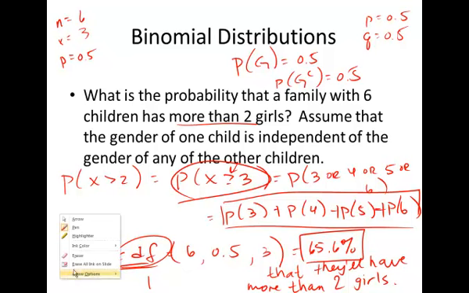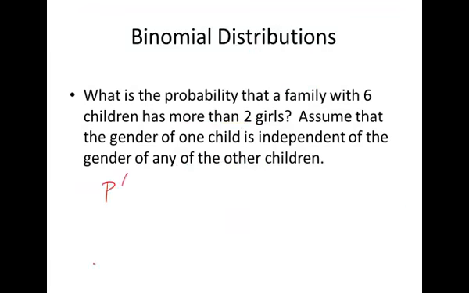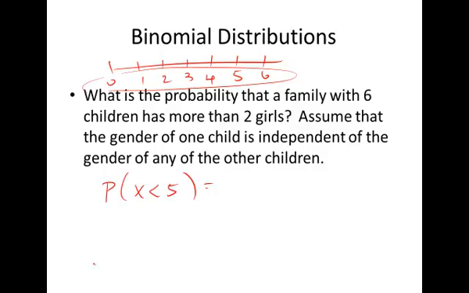So if I wanted to calculate the probability that X was less than 5, for example, fewer than 5 girls, what I would want to do is use a complement rule. So 0, 1, 2, 3, 4, 5, or 6. These are the possible number of girls that the family could have, right?